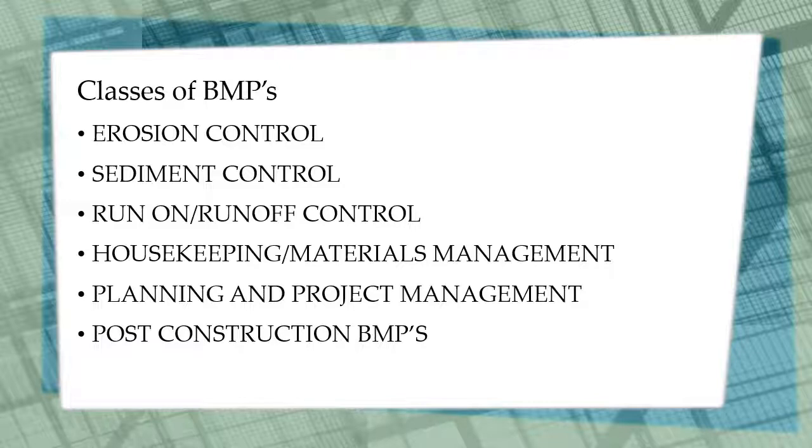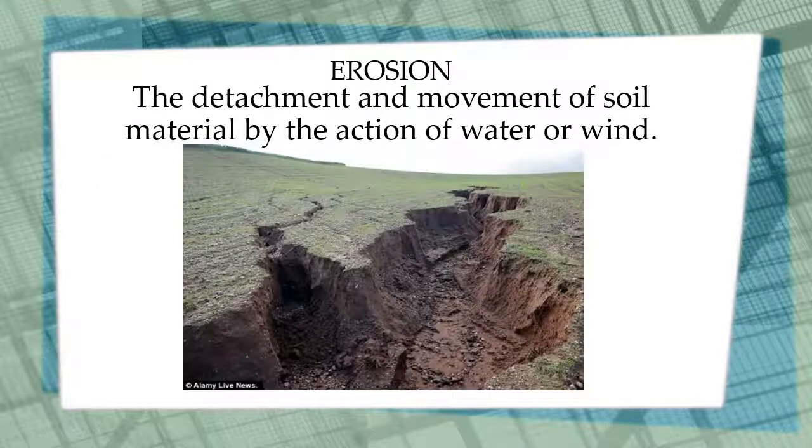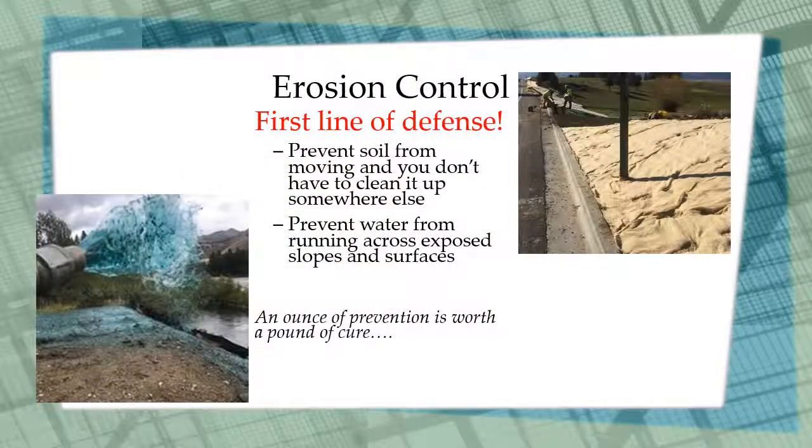So before we talk about them, let's talk about why we need BMPs. We need BMPs because of erosion. Erosion is the detachment and movement of soil material by the action of water or wind. Erosion control is our first line of defense.